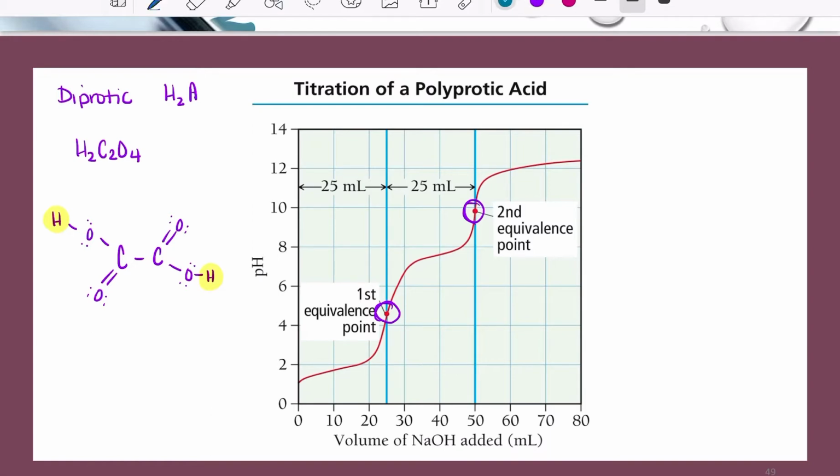We could also have a triprotic acid. We write H3A, means it has three protons it can lose. Perfect example of a triprotic is phosphoric acid.